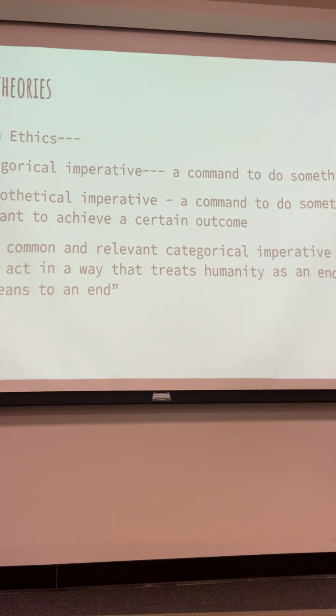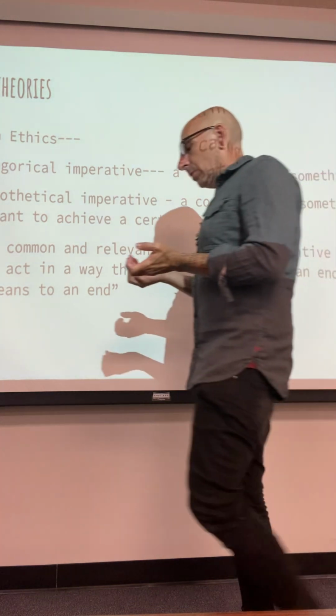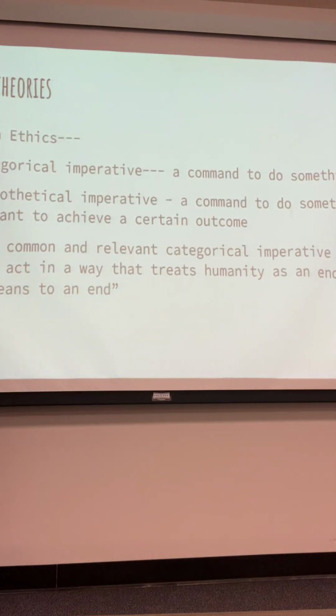The most common and relevant categorical imperative: always act in a way that treats humanity as an end and not a means to an end. So this is the foundational categorical imperative, which is you must treat humanity, other people, as an end in and of themselves. And it doesn't matter what the consequences are, you have to do this.